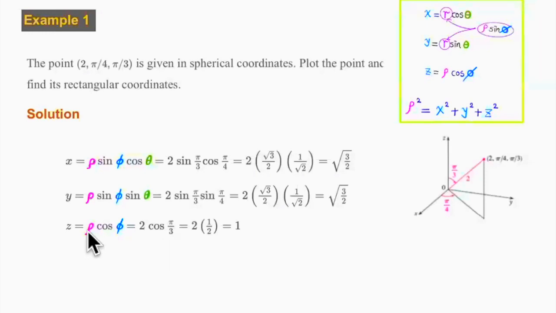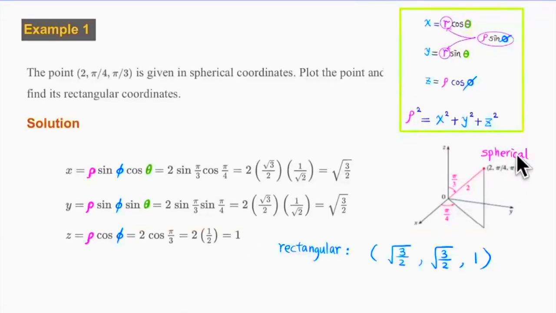And z is rho times cosine of phi, and the result here is 1. So this point in rectangular coordinates will be square root of 3 over 2, comma, square root of 3 over 2, comma, 1.